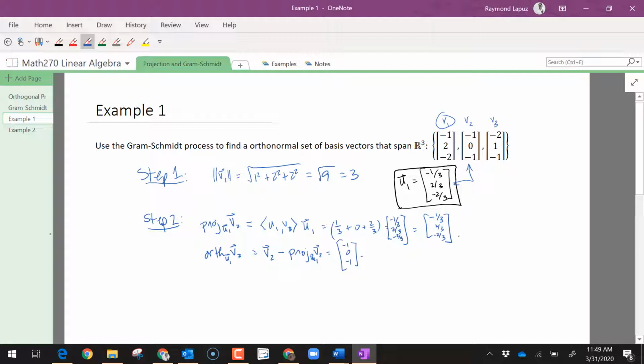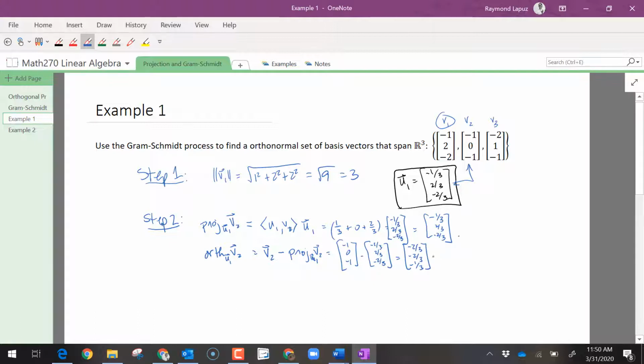We're going to subtract minus 1/3, 2/3, minus 2/3. So that's minus 1 plus 1/3, which is negative 2/3, then 0 minus 2/3, and negative 1 minus negative, so that's going to be negative 1/3.